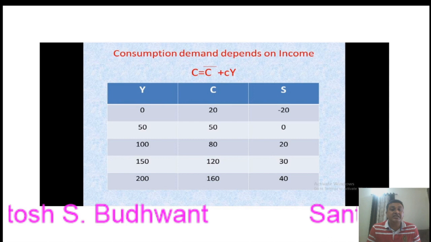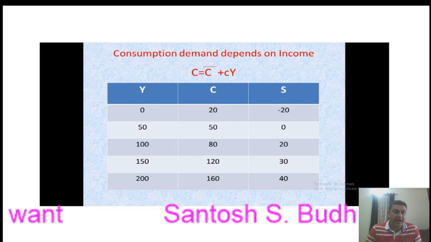Again the income is increased to 150, an increase of 50 rupees. His consumption also increases to 120, but again the saving increases. Now saving is 30. In the next row, his income is 200, consumption is 160, and in the saving column, there is 40.